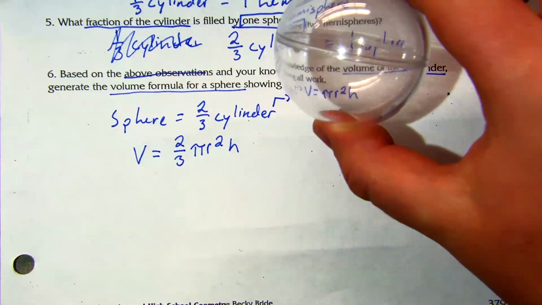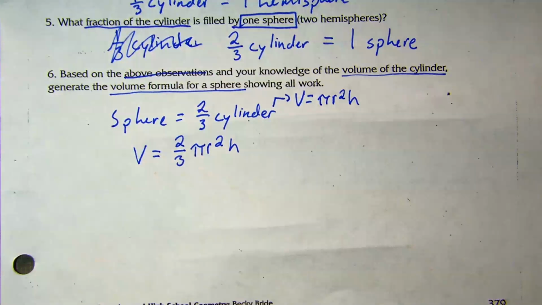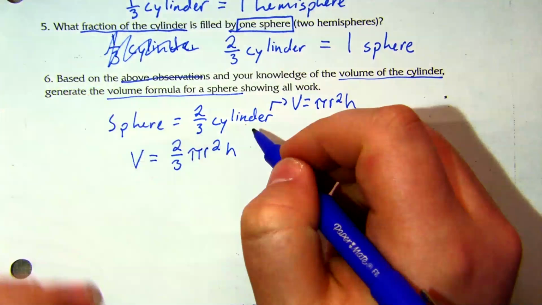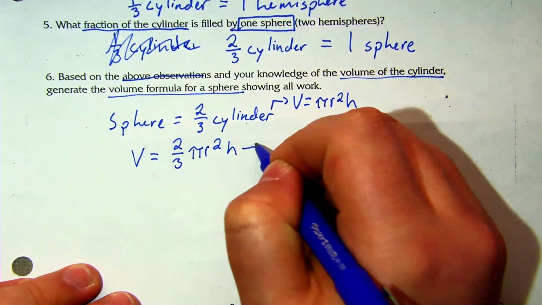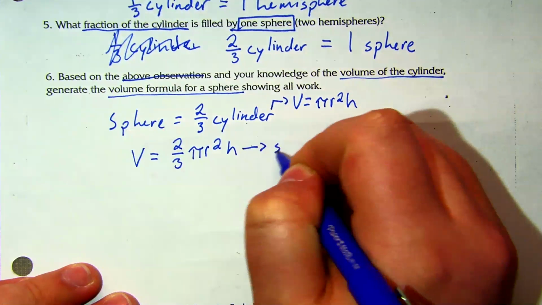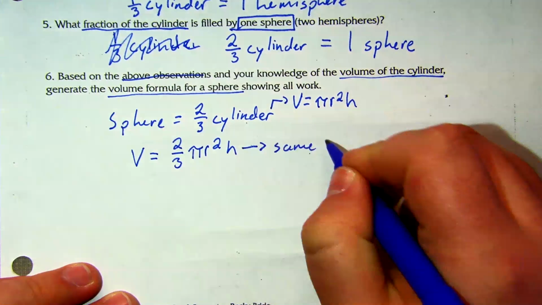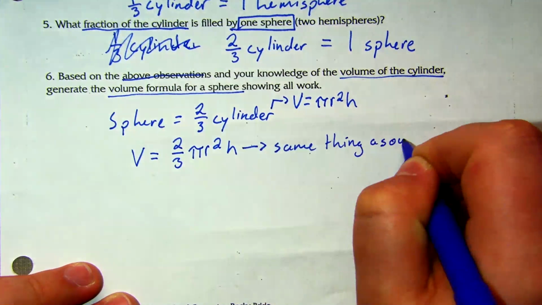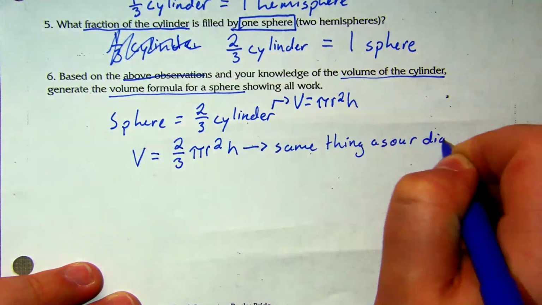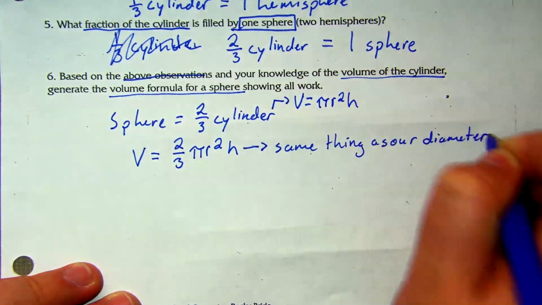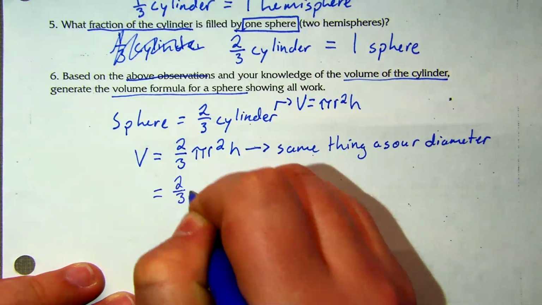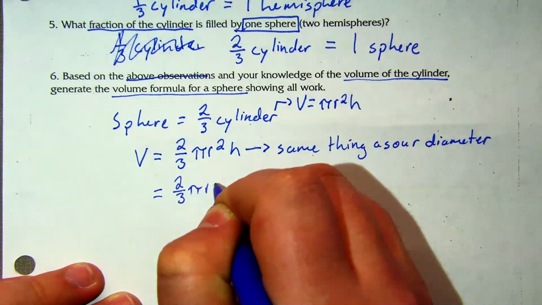So very nice. We could use the diameter instead. Our height is the same thing as our diameter. So we can rewrite our equation as 2/3 pi r squared d.